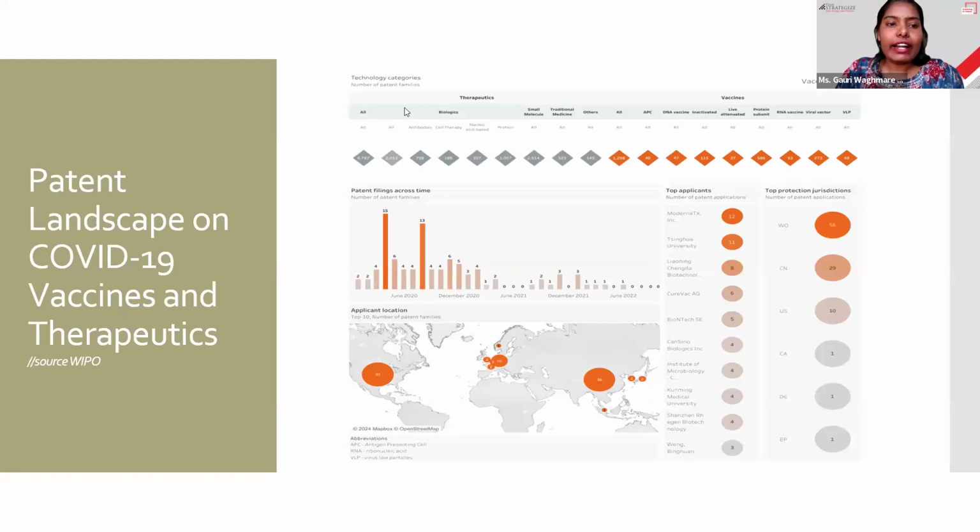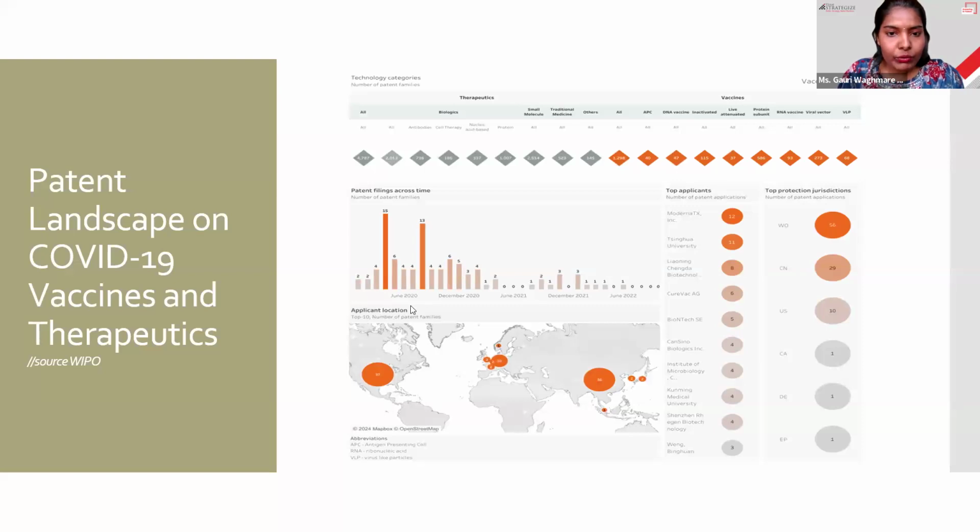This is the landscape report published by WIPO for COVID-19 vaccines and therapeutics. So it will look like this. The biologics are given, and the top protection jurisdictions are given, like World, China, US, Canada, and EP. Also, you can see by this data the patent filing across time.